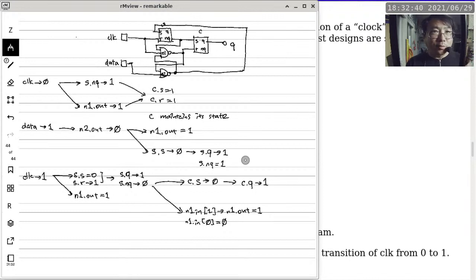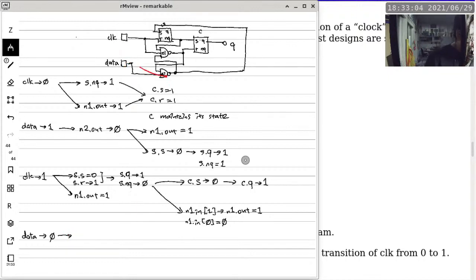So now we have changed our mind, and we have now changed the data pin from a 1 to a 0. So we want to see what the circuit is going to do when we change the data input pin to a 0, now that the clock pin is a 1.